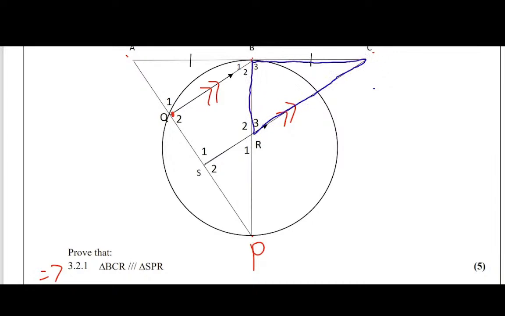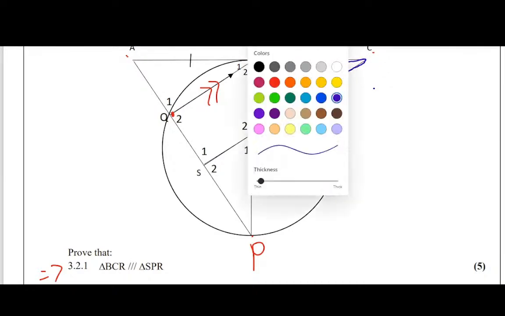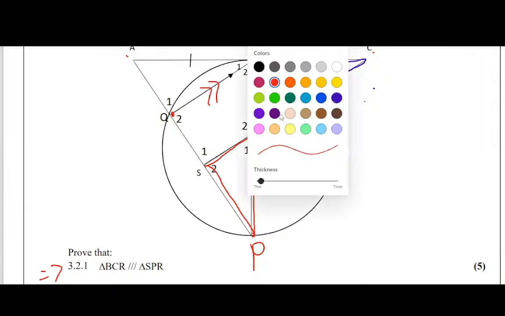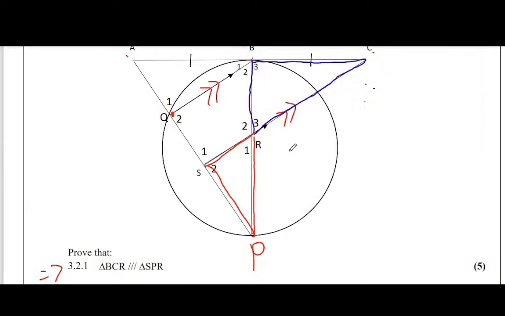Then there's another triangle, SPR, which I'll highlight in red. We must prove that the two are similar, in other words that they have identical angles, since we don't have any dimensions for the lengths. So I need to look for what is common within these triangles.